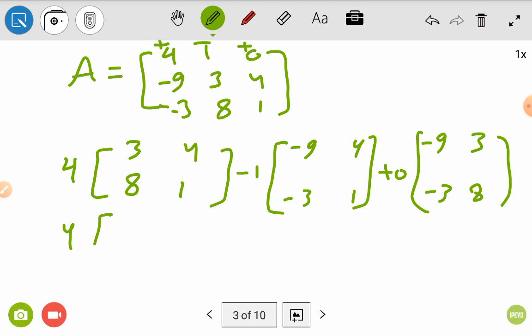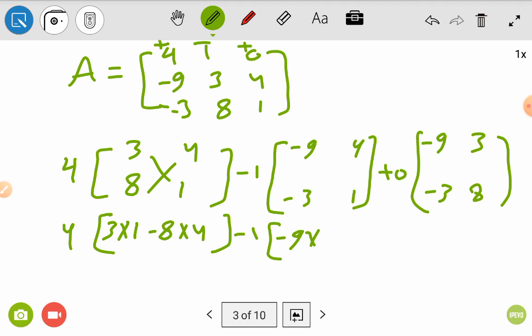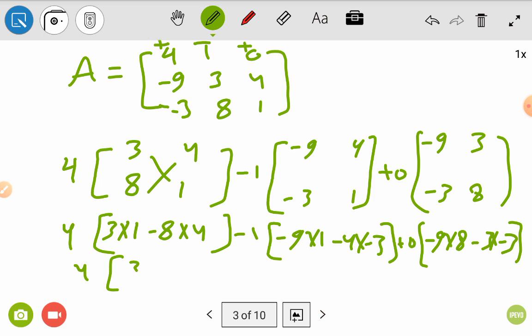Here 4. Cross multiplication as you studied before: 3 times 1 minus 8 times 4. Here minus 1. Negative 9 times 1 minus 4 times negative 3, plus 0, negative 9 times 8 minus 3 times negative 3. Here 4 times negative 29, minus 1 times negative 9 plus 12, plus 0.